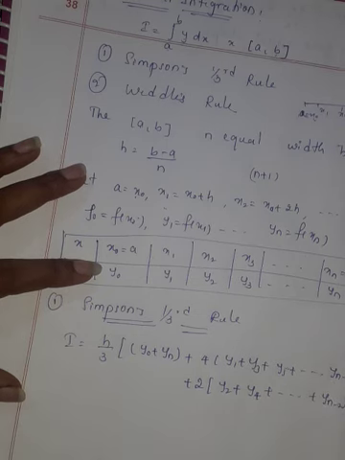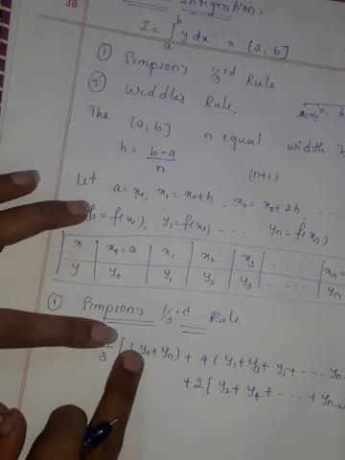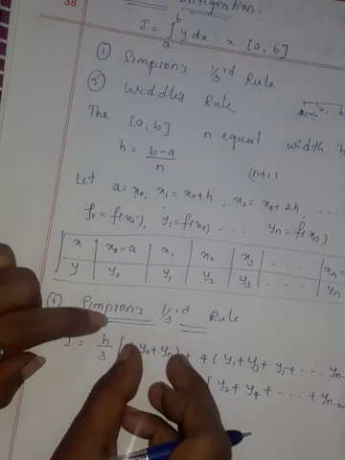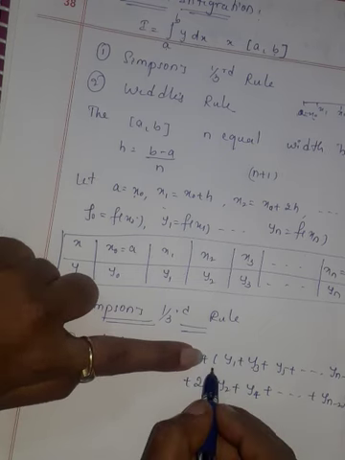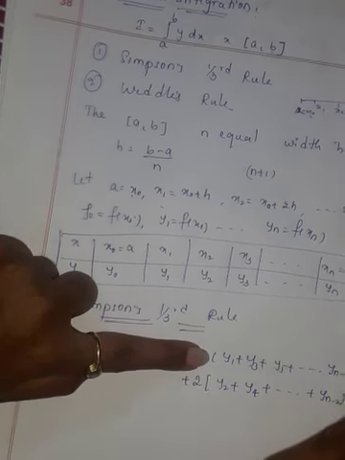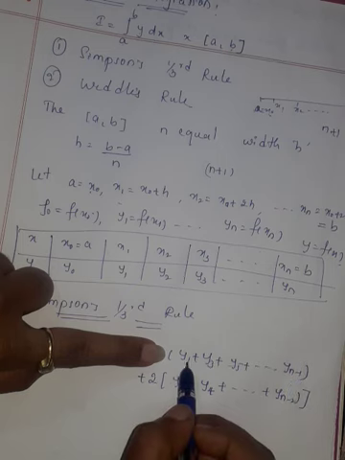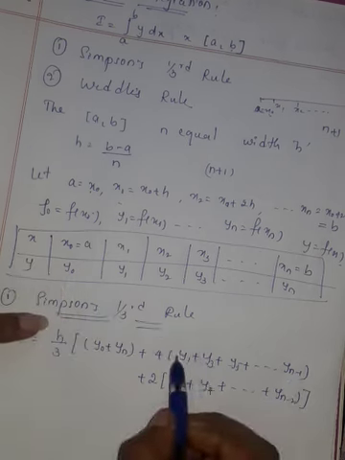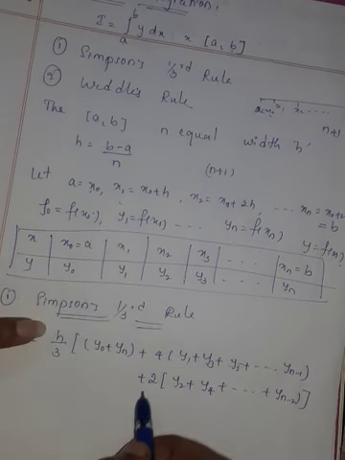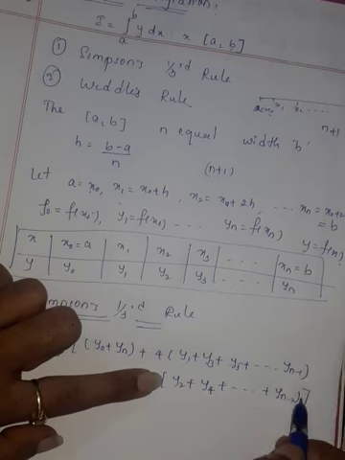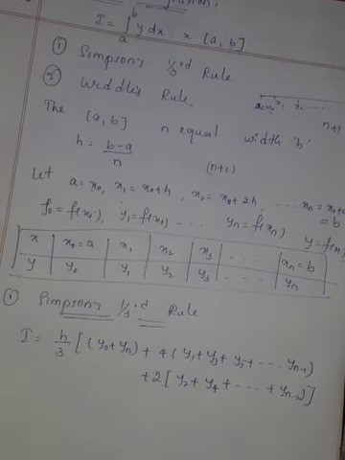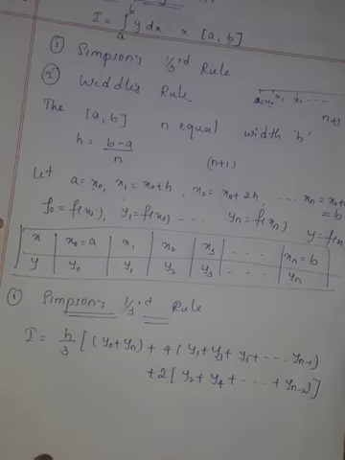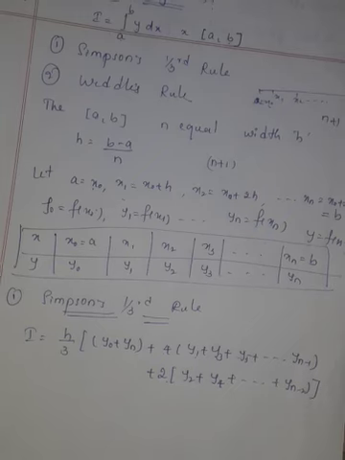So here I have taken the first value of y and the last value of y at once, plus 4 into all the odd terms up to n minus 1. All the odd terms you can see here, y1, y3, y5 up to yn minus 1, into 4, plus 2 into all the even terms. So this is our Simpson's one-third rule or formula. Here derivation is not required. You have to remember only this formula.